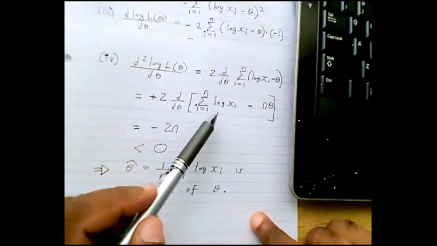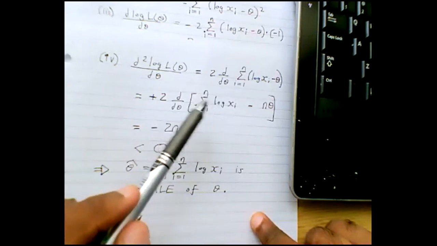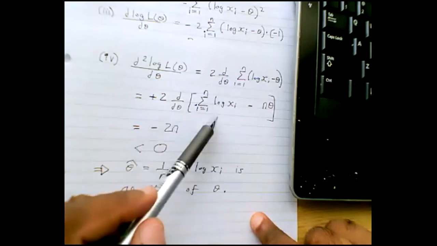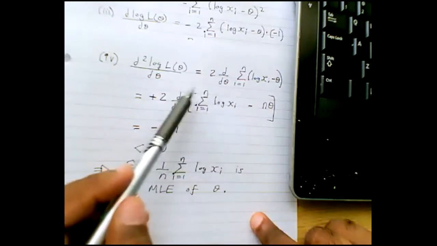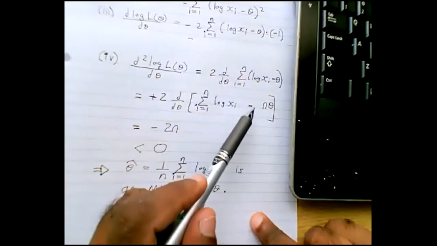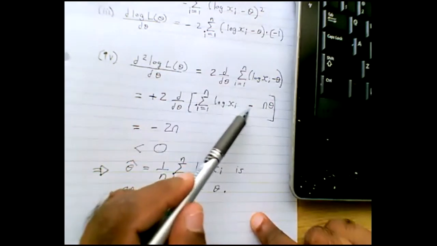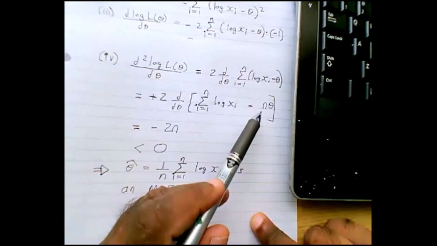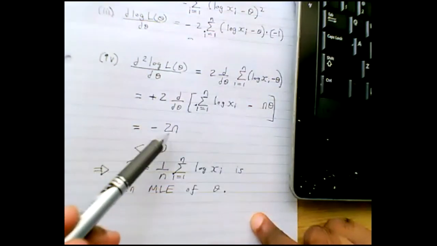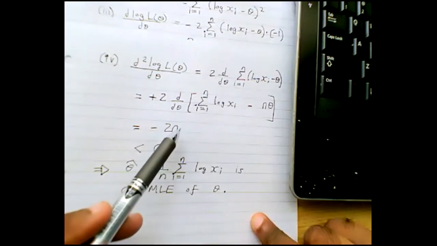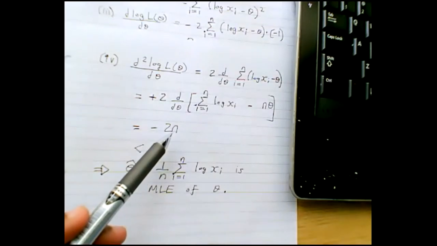This guy here is a constant, so the derivative of a constant is 0. We don't need to bother about this. You only need to bother about the second term here, minus n theta, and the derivative of minus n theta with respect to theta is minus n. So 2 times minus n is minus 2n, which is a negative number because n is positive. N is the sample size, it must be positive.